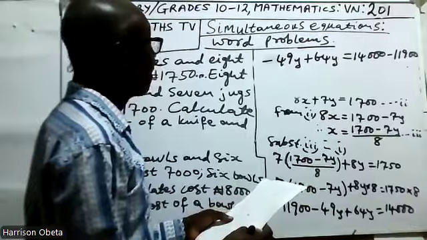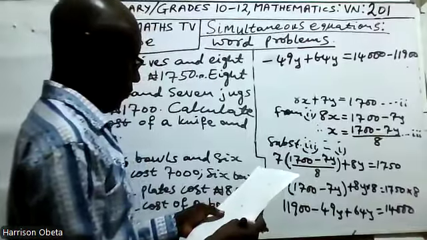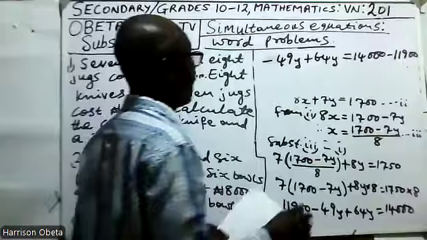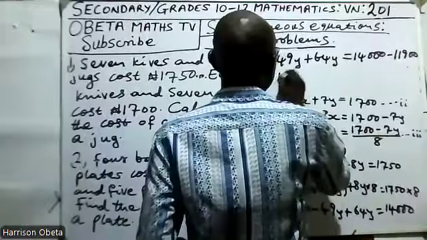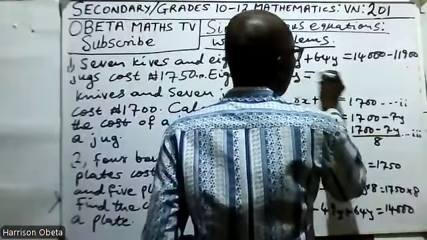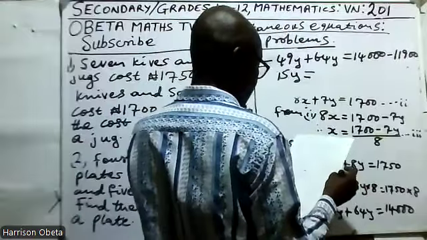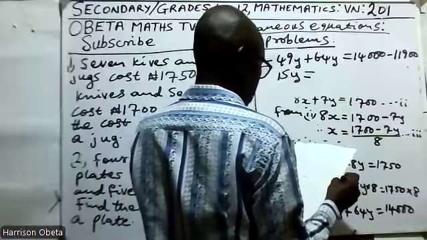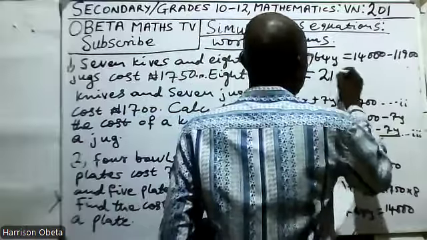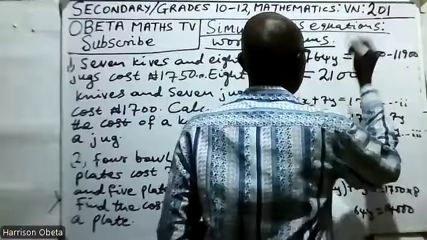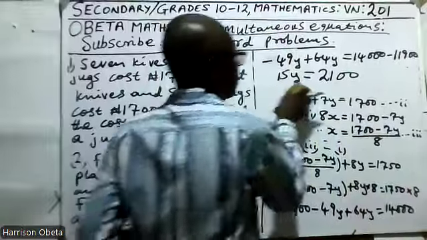If you carry out the subtraction, we have 15y is equal to 2100.